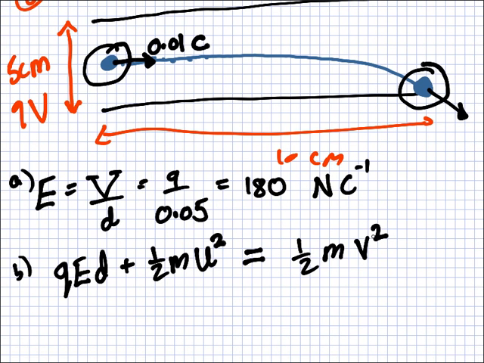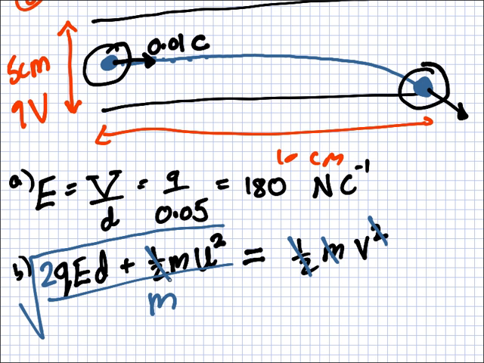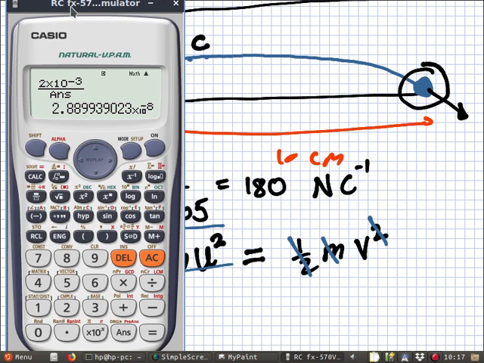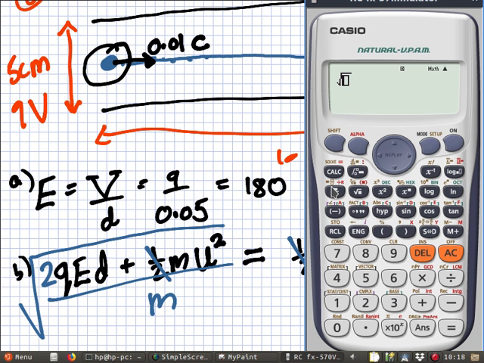So I want to work out the v here. So what I'll do is I'll multiply by 2, and that's gone. And I'll divide by the mass. And finally I'll square root. So if I hit this in on the calculator, I can get the v at the end. So let me show you what we're typing in. Watch carefully. Square root. 2 it's a proton, so its charge is E, times E, which we said is 180, times D, which is 0.025, plus, oh, it's not proton, it's electron.